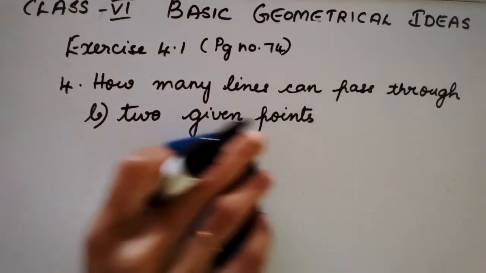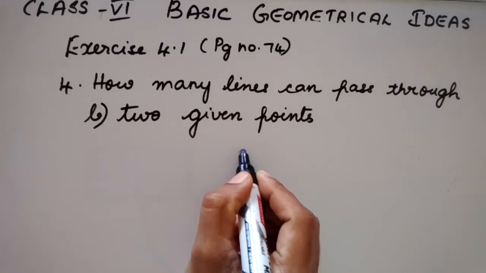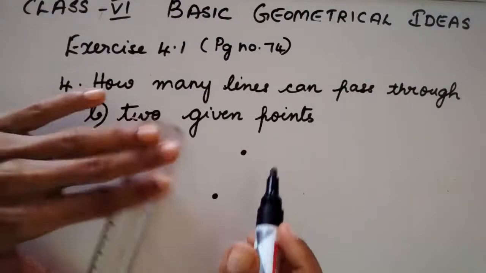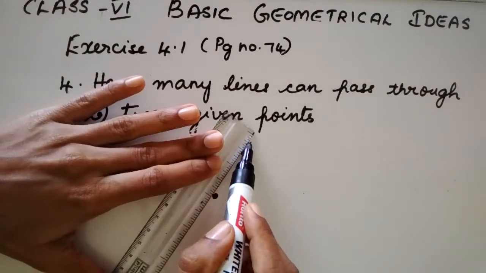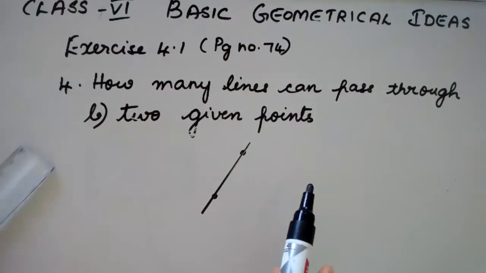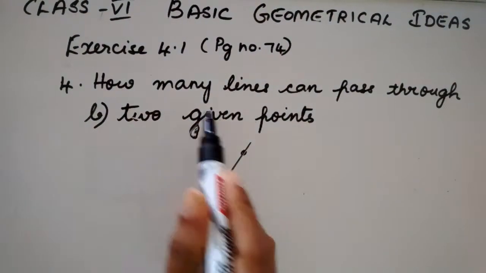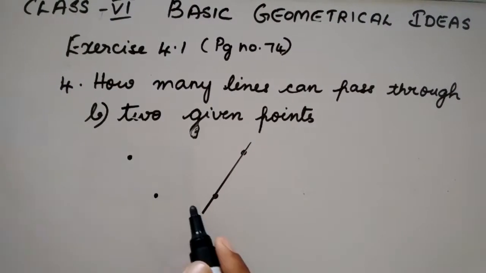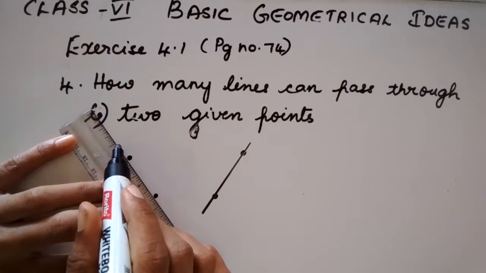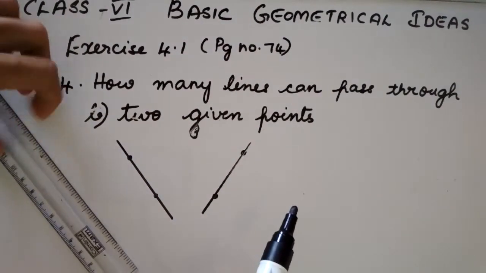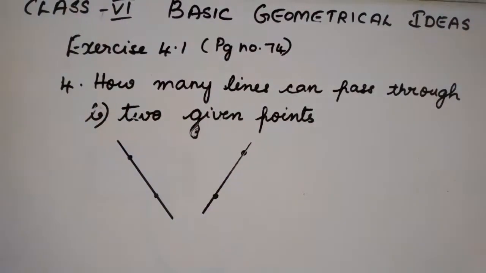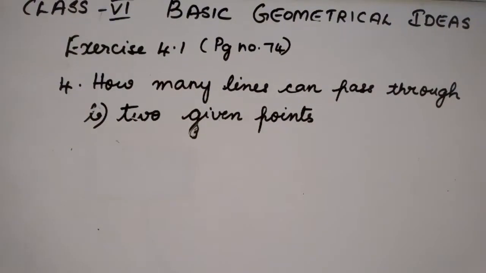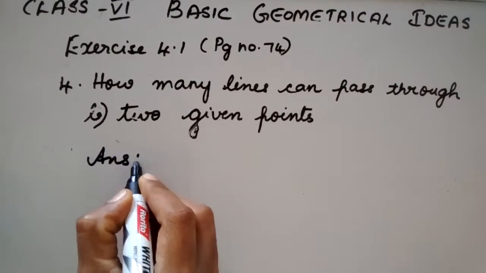Yes or no? Now if the points are like this is my point and this is a point. So I can draw only one line through these 2 points. Or here, 2 points. So I can draw only one line through 2 given points. So the answer is only one line.